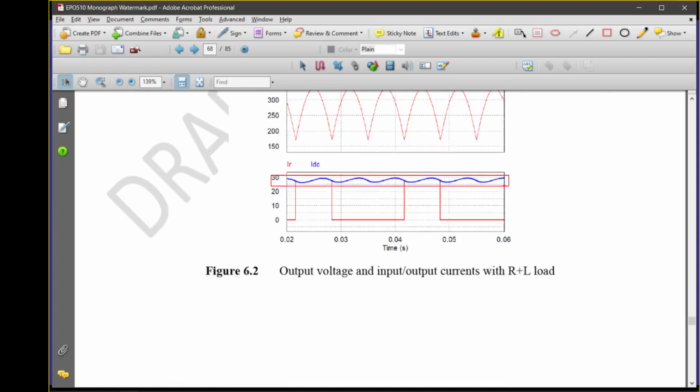Okay, so small ripple, and when you refer to the input red phase current, it will follow this shape: 0, and then it will follow the IDC, the ripple of the IDC, and next we have that at the IR. So that follows the diode.